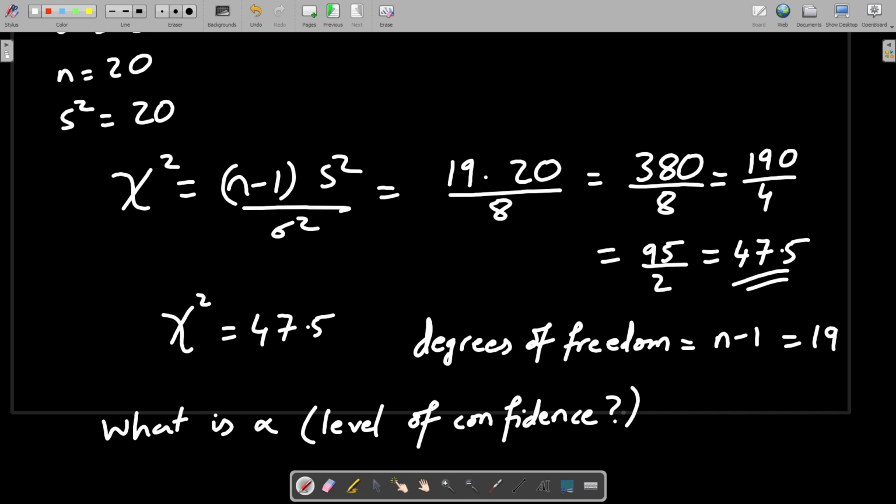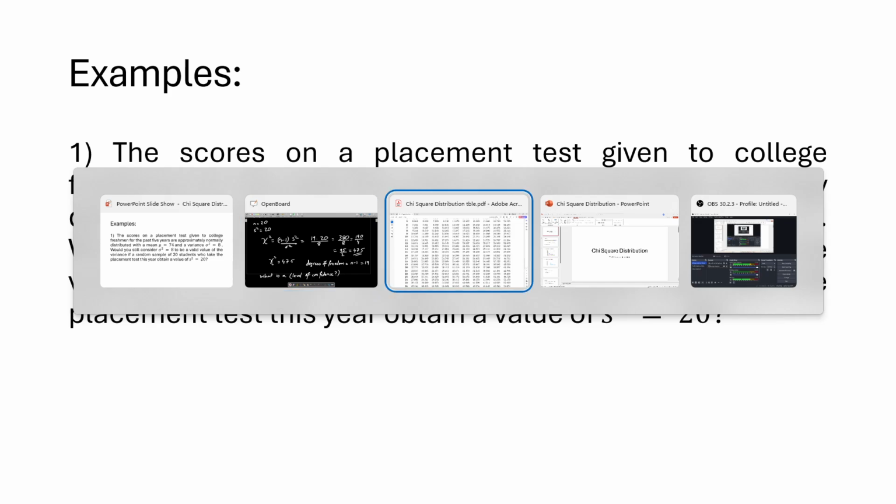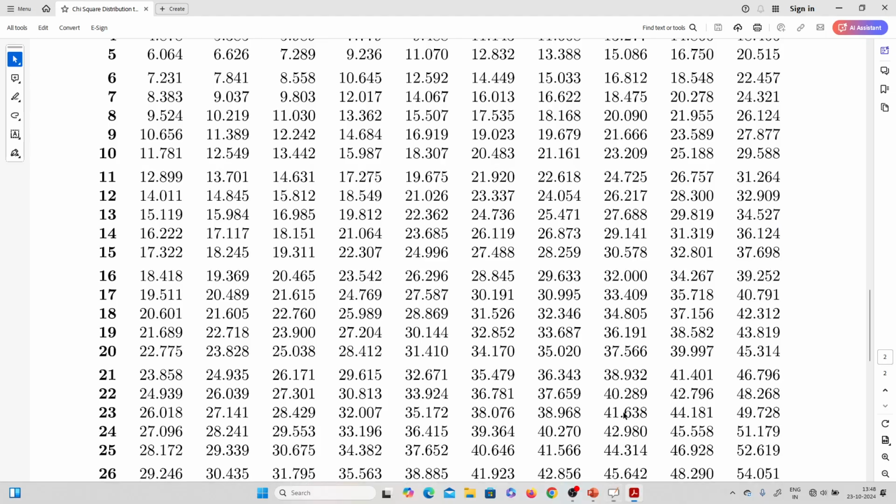That is the level of confidence we have. So we have to go to the 19 degrees of freedom row and see for what alpha we are getting 47.5. That will tell us what our confidence level is. Okay, so degrees of freedom is 19.